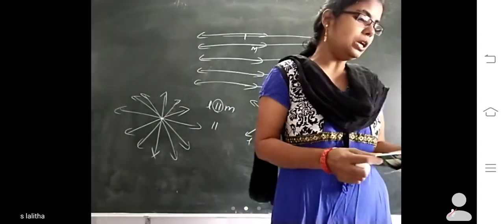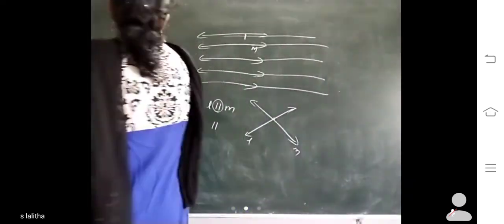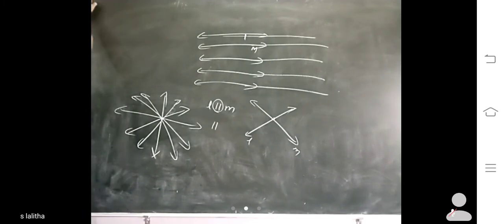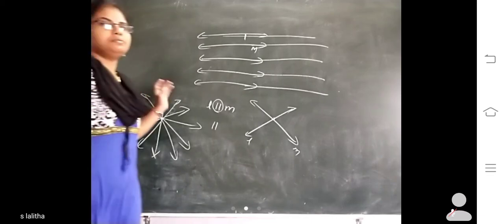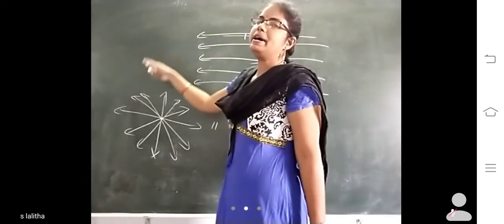Next, perpendicular lines. Perpendicular lines means what? Suppose, see this black dot, these edges will join like this. This is a horizontal line and this is a vertical line. What do we get here? 90 degrees. So what is this called? Perpendicular lines.